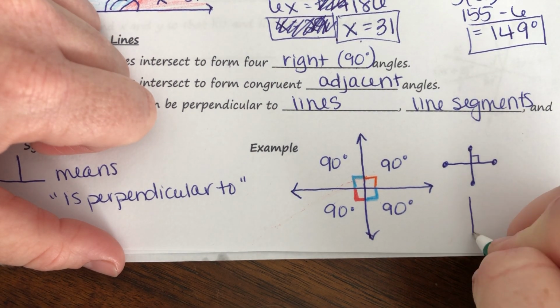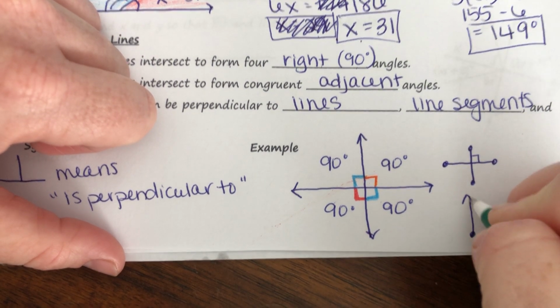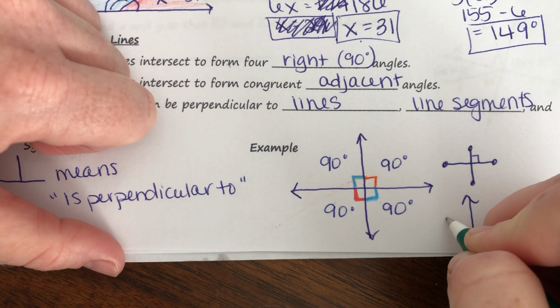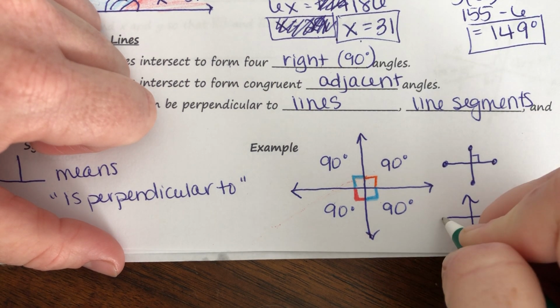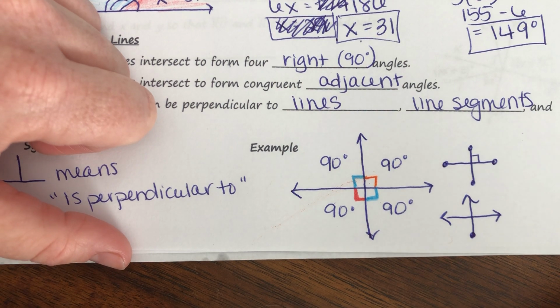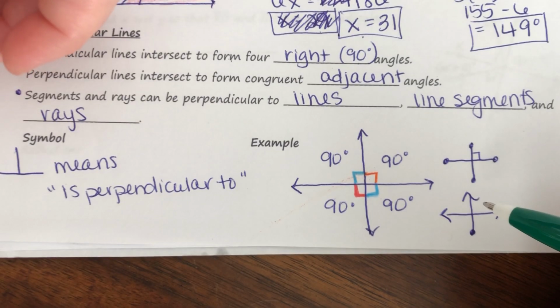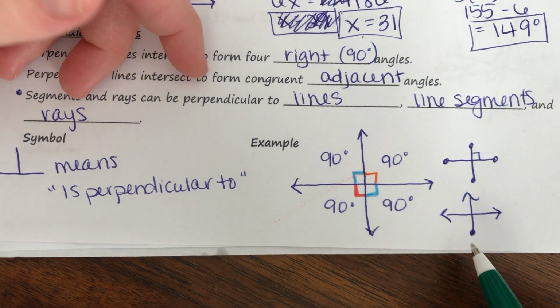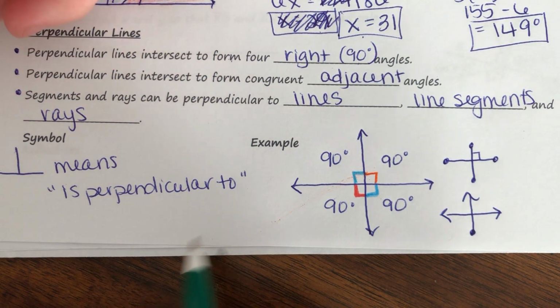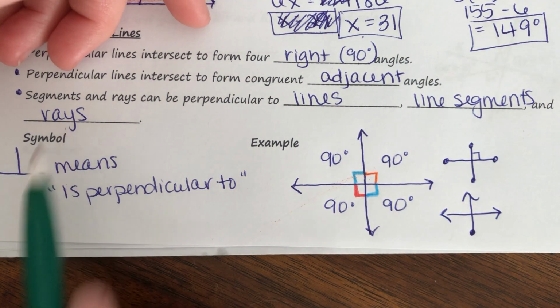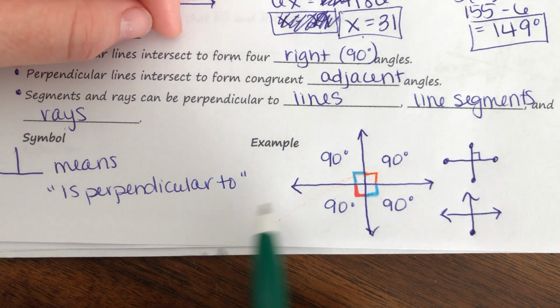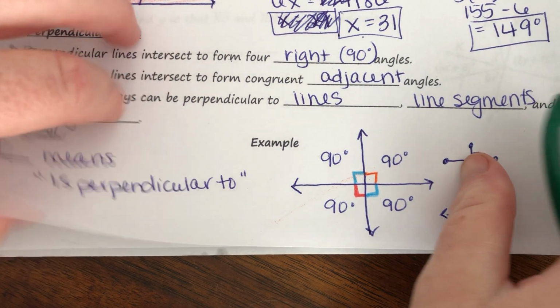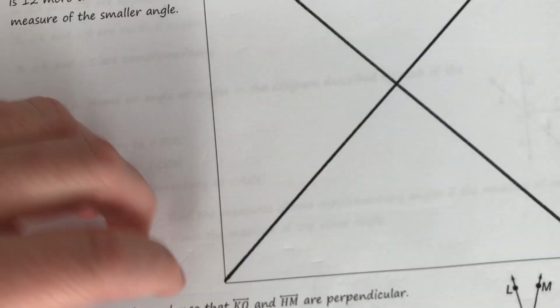I could have a ray, endpoint and then arrow go up forever, cross over a line that has arrows on both sides, right? Any type of straight line or ray can be perpendicular to anything else. That's why we wrote this last line. If it's straight, it can be perpendicular to something. Okay, almost done. Got a little vocab to write down, and then we're good.